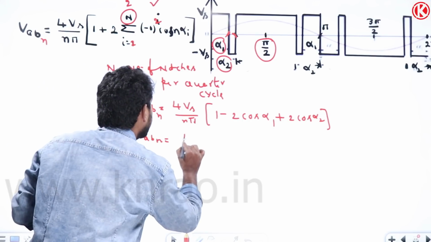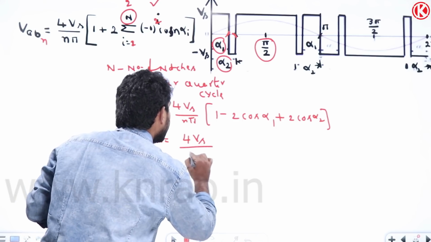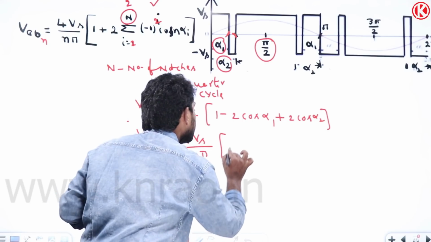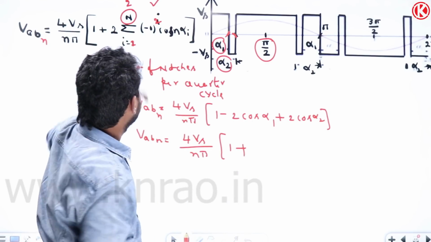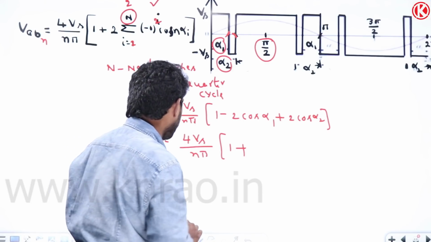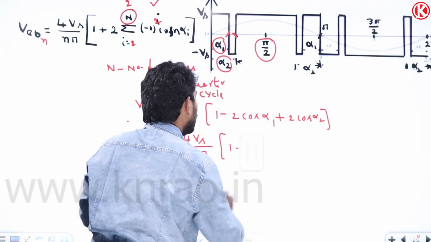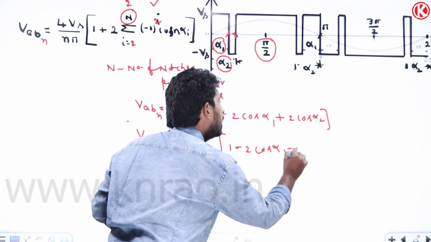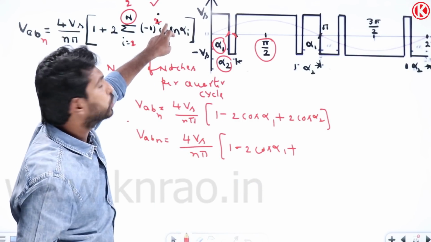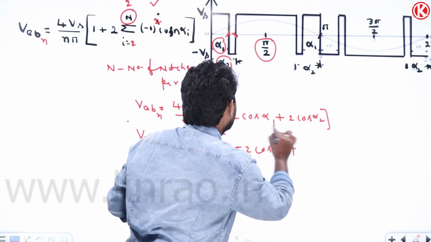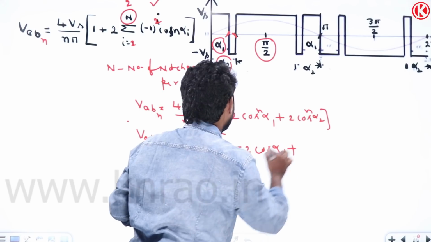That is 4Vs by n pi, right? So 4Vs by n pi into 1 plus 2 into minus 1 power 1. So it will be minus 1, so here it will be 1 minus 2 cos n alpha 1. So plus, if I substitute 2, it will be cos n alpha 2.